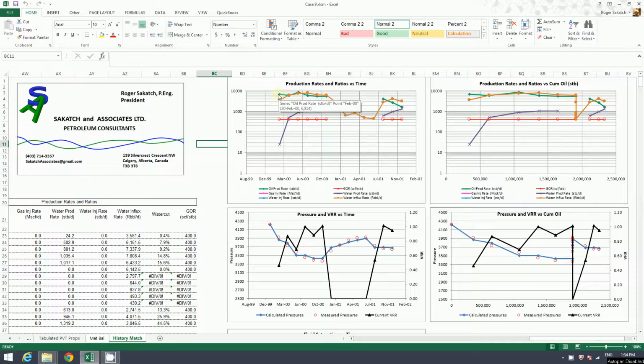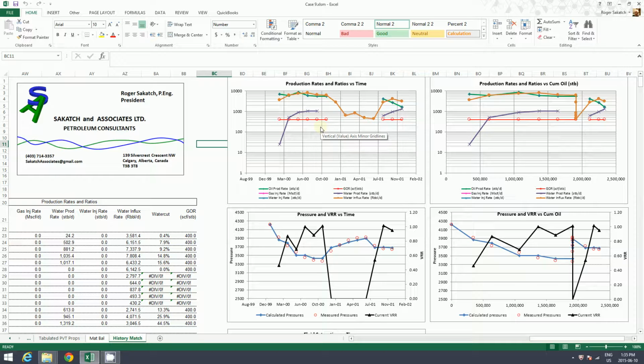So the field oil production of 6,000 or 7,000 barrels a day occurring for a period of time. The water production ramping up over time up to about 1,000 barrels a day. You've got your shut-in period here, and then you can proceed with a bit more oil production and water production. Again, the GORs were fairly constant the entire time.